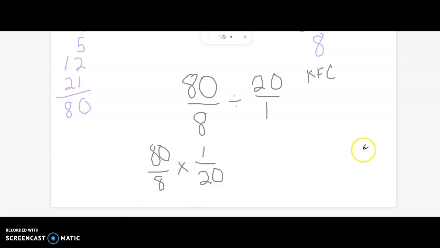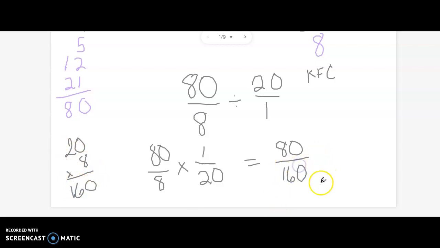Now, I can go ahead and do this. I can simplify before I multiply, or I can multiply and then simplify. Let me show you both ways, okay? So 80 times 1 is going to give me 80 over 8 times 20. And if you can't do it in your head, there's nothing wrong with writing it out. 160, okay? And then I can simplify.